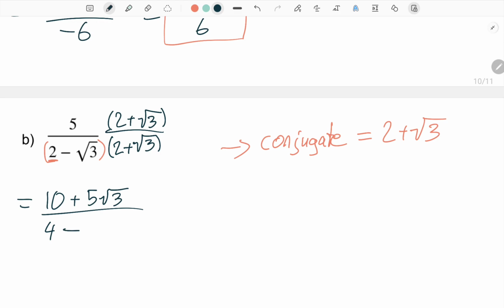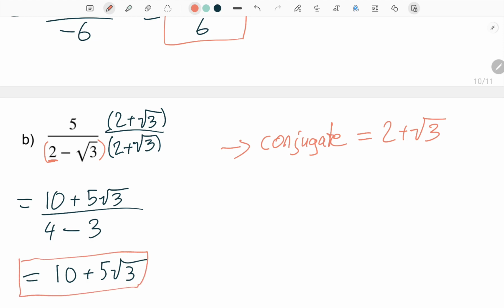In this case, it's the root 3 squared. But when you square a square root, the square root disappears, so it just ends up becoming 3. So you just have 4 minus 3. And now when you simplify that, well, this one actually works really nicely. It's just 1. So that whole fraction just disappears. You just get 10 plus 5 root 3. That is our proper form.